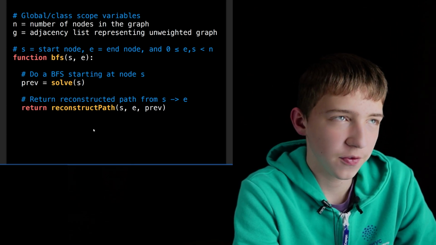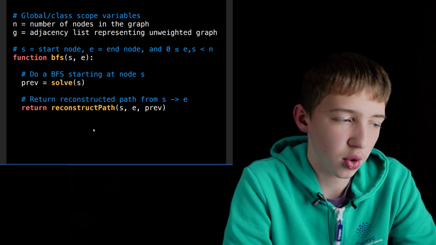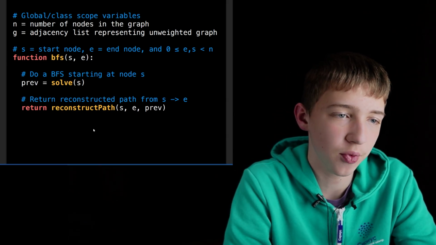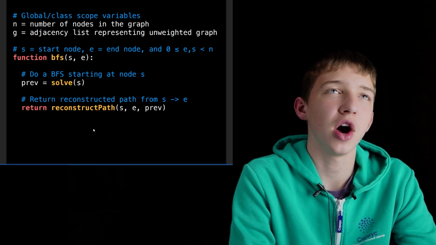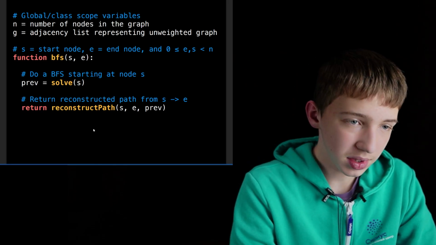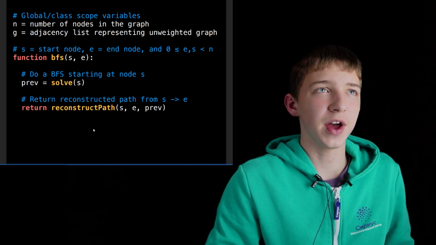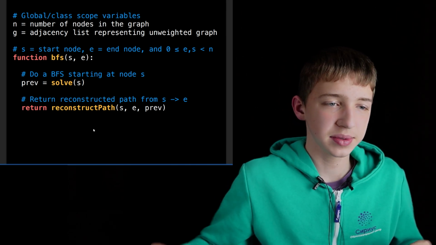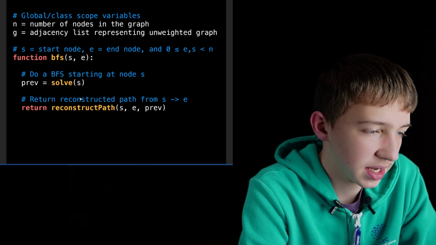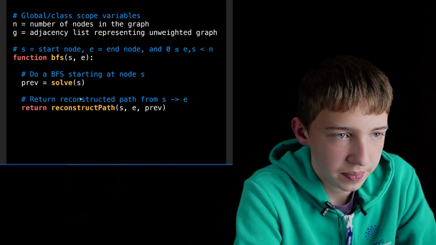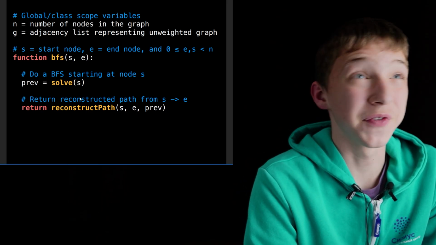However, this is for code readability, so the code is much more readable if we have a solve function and a reconstruct path function. Of course, we can combine them, but the code would be very ambiguous. In this case, the code is pretty comfortable to read.